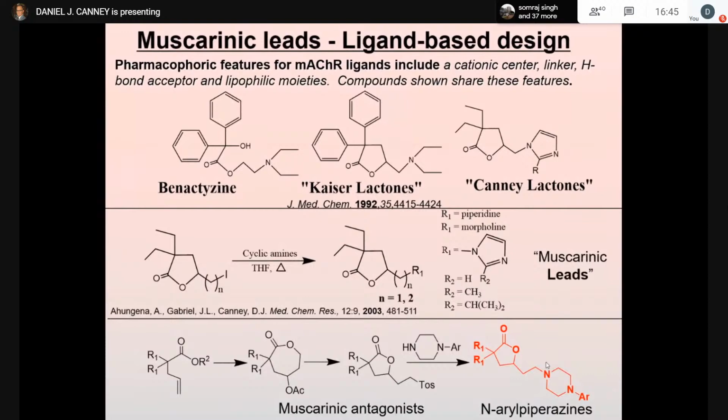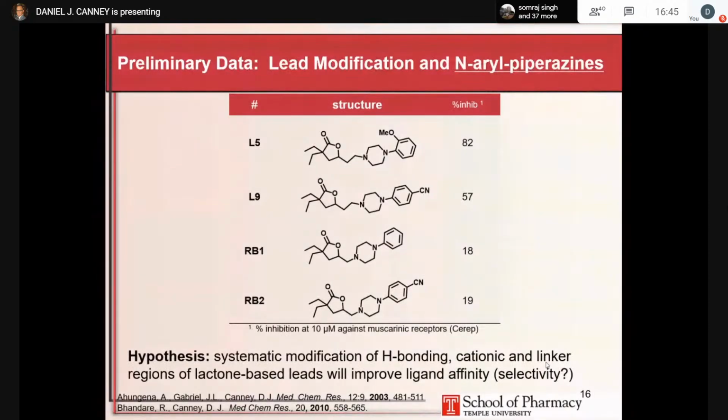So we went ahead, we made a series of those compounds, and this is some of the initial data that we generated. And these are percent inhibition for muscarinic receptors here, right? So these are just percent inhibition at 10 micromolar. And what we found was that some of these compounds actually did have activity at muscarinic receptors.